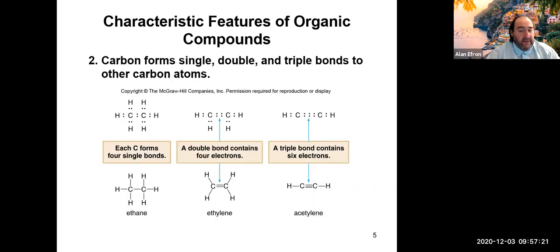Carbon, as I mentioned, will form single bonds, double bonds, and triple bonds with itself as well. And these actually give rise to the first 3 types of organic compounds that we see. Depending on certain features of organic compounds, we get different types of them, or different functional groups, as they are sometimes referred to.